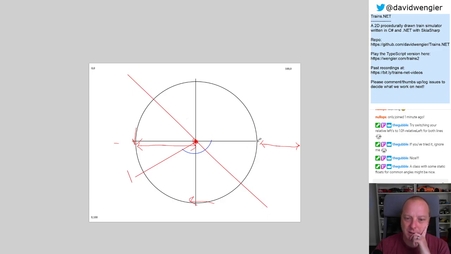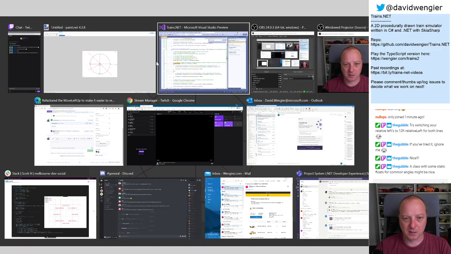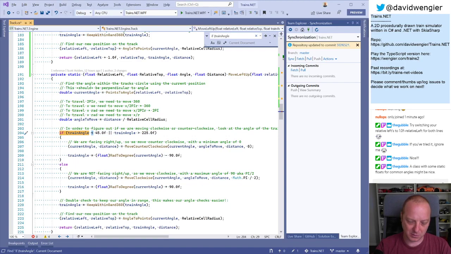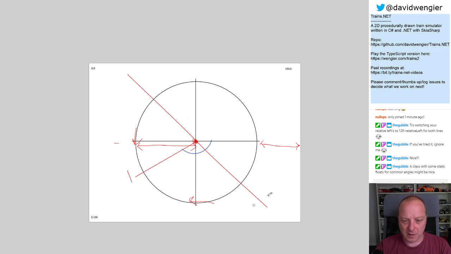That's between, now this is train angle, so train angle will be vertically down, so that's 90 and 180. So it's greater than or equal to, no, that's going clockwise though. We want to go the other way, which is 0 and 270.